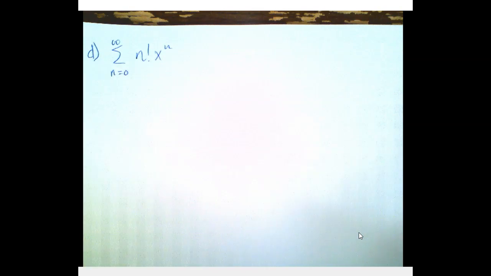Let's do one last one. The sum as n goes from 0 to infinity of n factorial times x to the n.